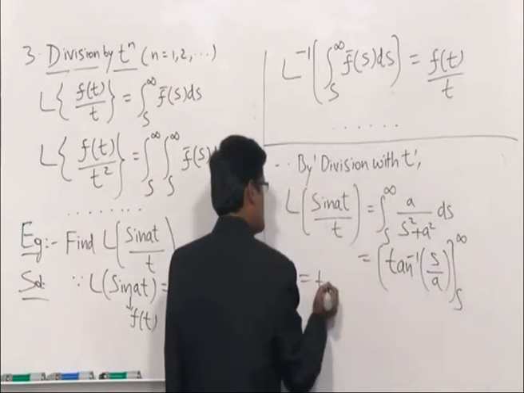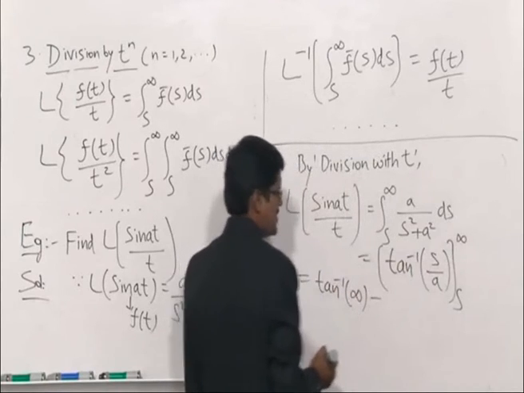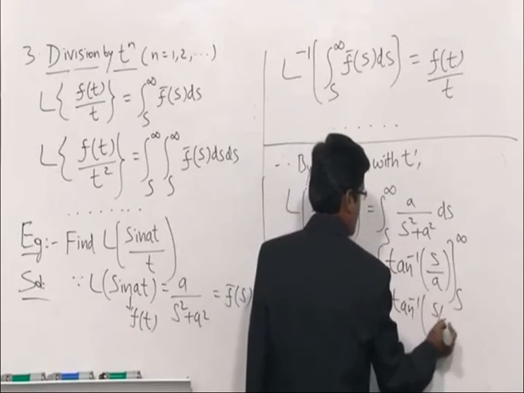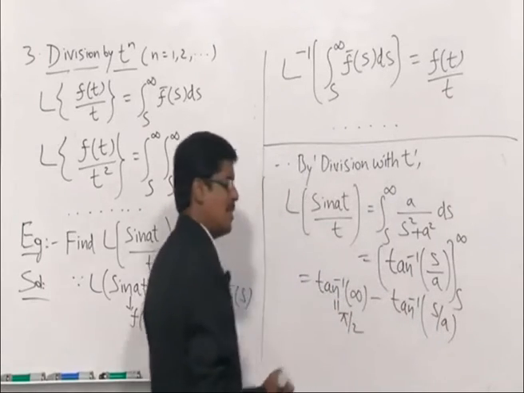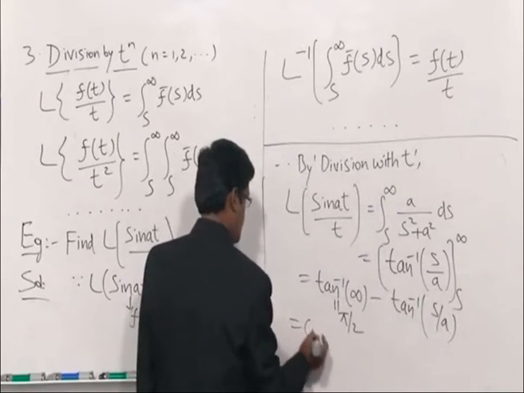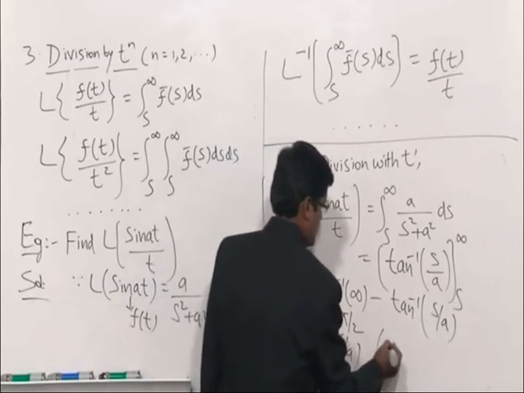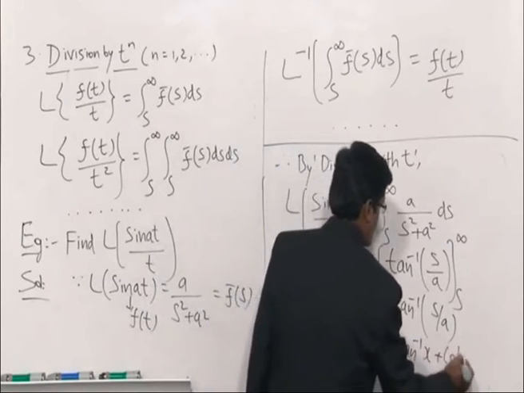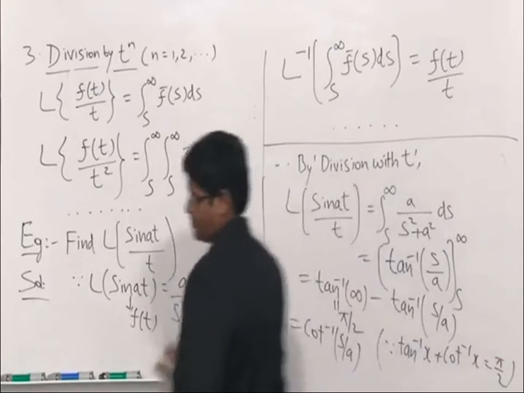Substituting infinity, tan inverse infinity is 90 degrees, pi by 2. For the lower limit, with the minus before it, s is replaced by s, giving the same term. So 90 minus tan inverse is cot inverse, since tan inverse x plus cot inverse x is equal to pi by 2.